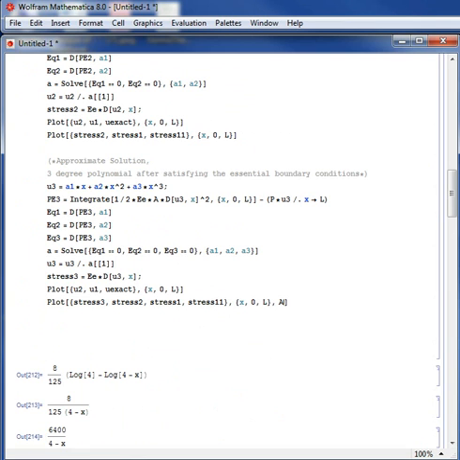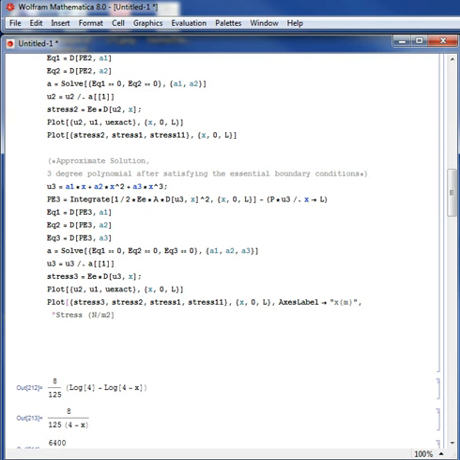So axes label. The label of the horizontal axis is x in meters, and the vertical axis is stress in Newton per meter squared.